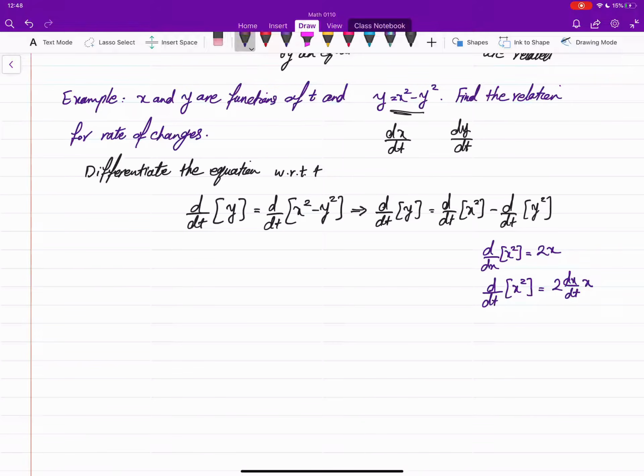So the second thing is to apply the chain rule to complete the differentiation.